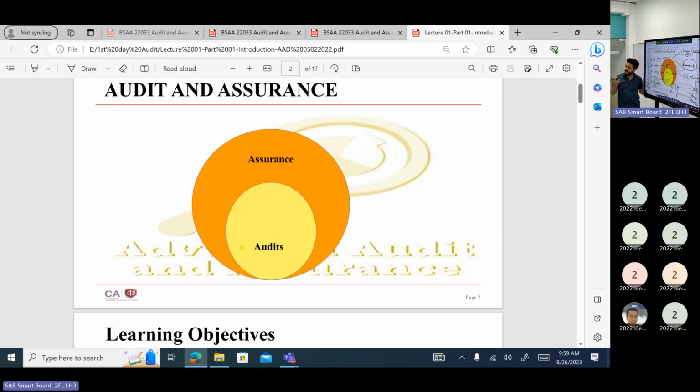Those are the features of the assurance engagement. So now you know the whole concept about assurance. Audit is part of assurance. So we can simply say this is about assurance.